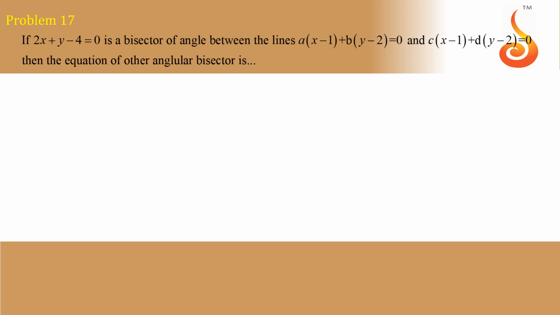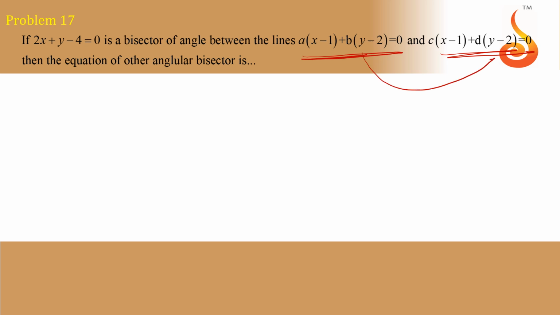Problem number 17. If 2x plus y minus 4 equal to 0 is a bisector of the angle between the lines, the two lines are given. Observe the way they gave the lines: a(x minus 1) plus b(y minus 2) equal to 0 and c(x minus 1) plus d(y minus 2) equal to 0.